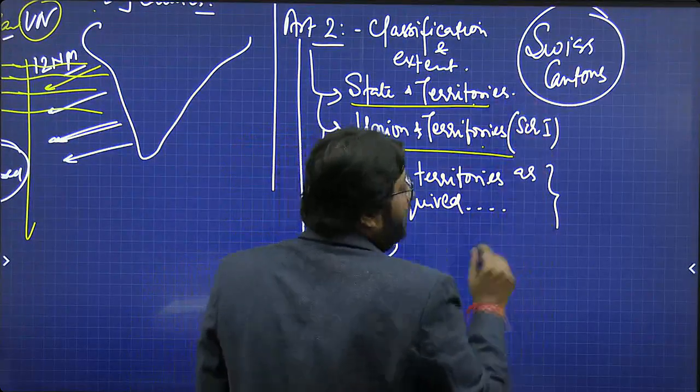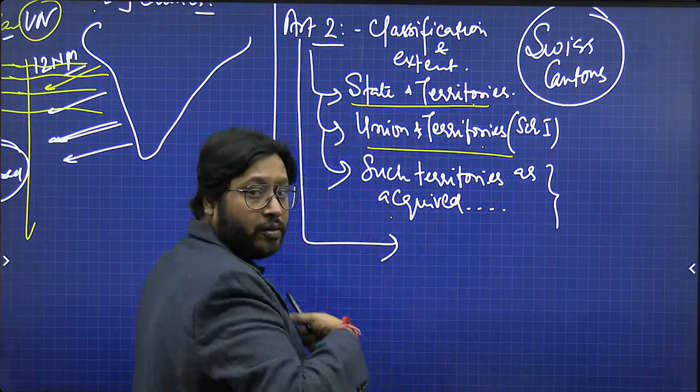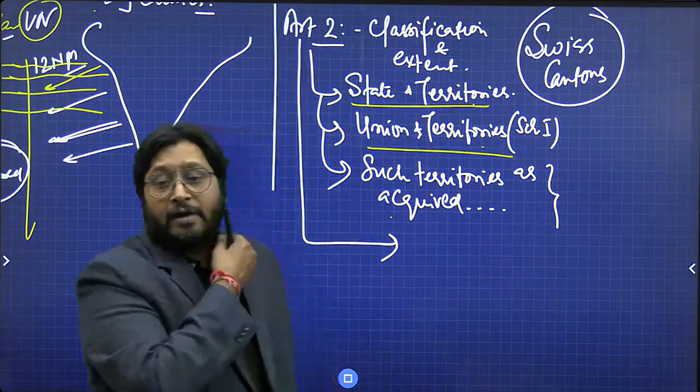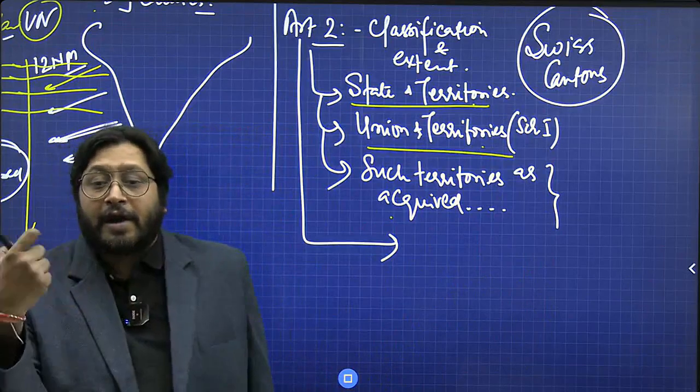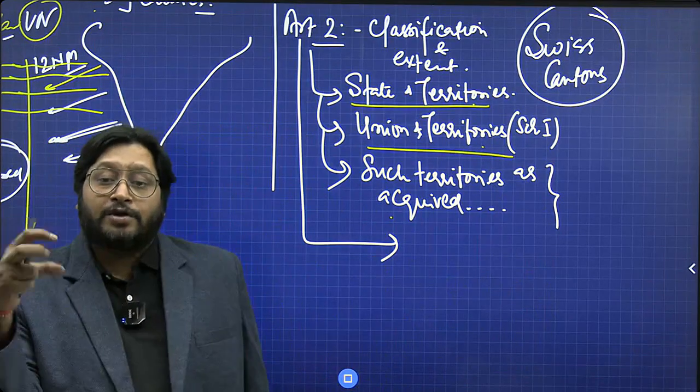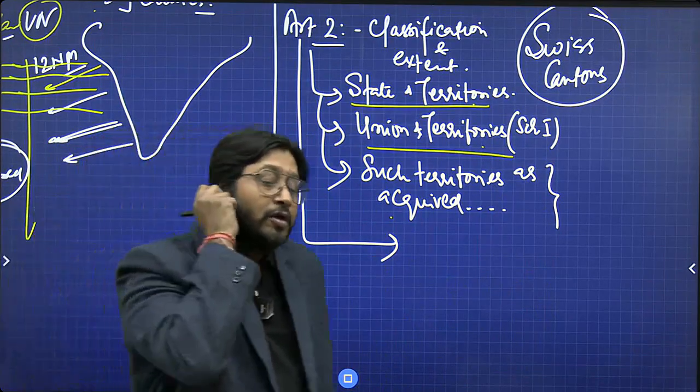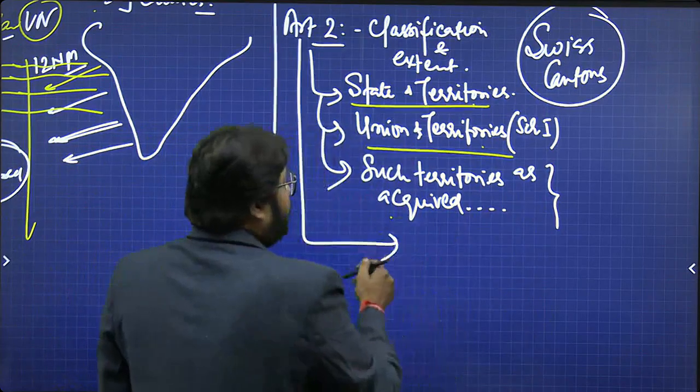Once you define the territory, now what will you do? You try to define how this territory can be treated, how it can be changed, how it can be modified. So we define the process.